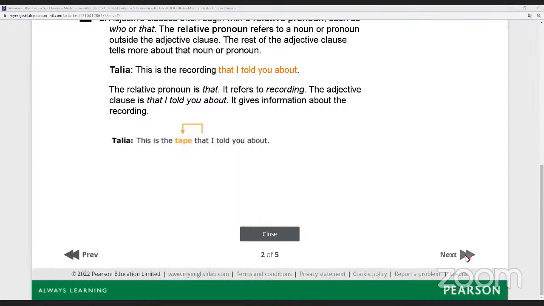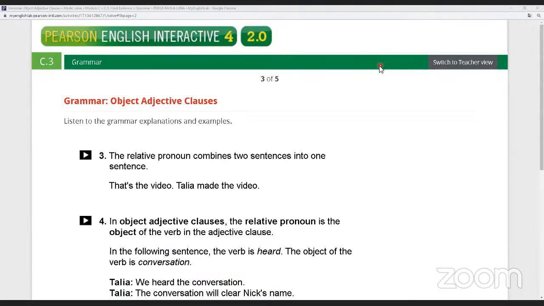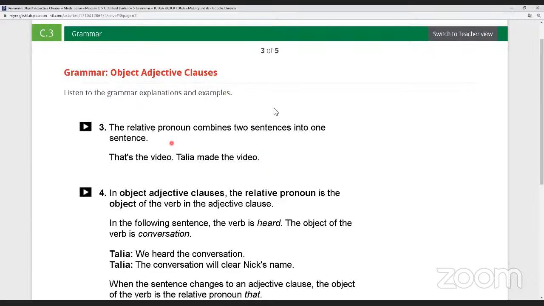So this is what I told you about. The purpose of the relative pronoun is like a connector, right? In this point, we have 2 sentences, right? That's the video, and Talia made the video, okay? So could you please change it to an adjective clause, please? How could you do it?